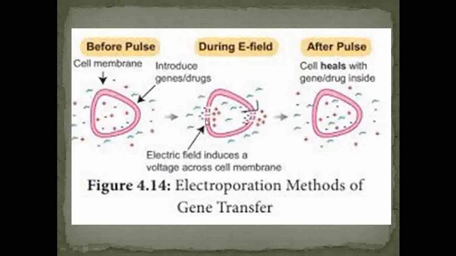After increasing the pore size, the gene of interest enters inside the cell. We all know that every cell has its own healing property, so due to that, the whole cell membrane rejoins once again. So this is one method, which we call electroporation.